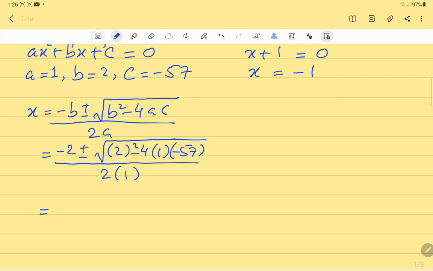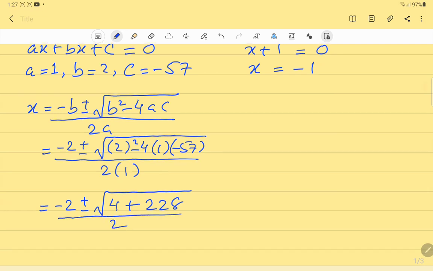Let us simplify it. Minus 2 plus minus square root of 4 plus 228 over 2.